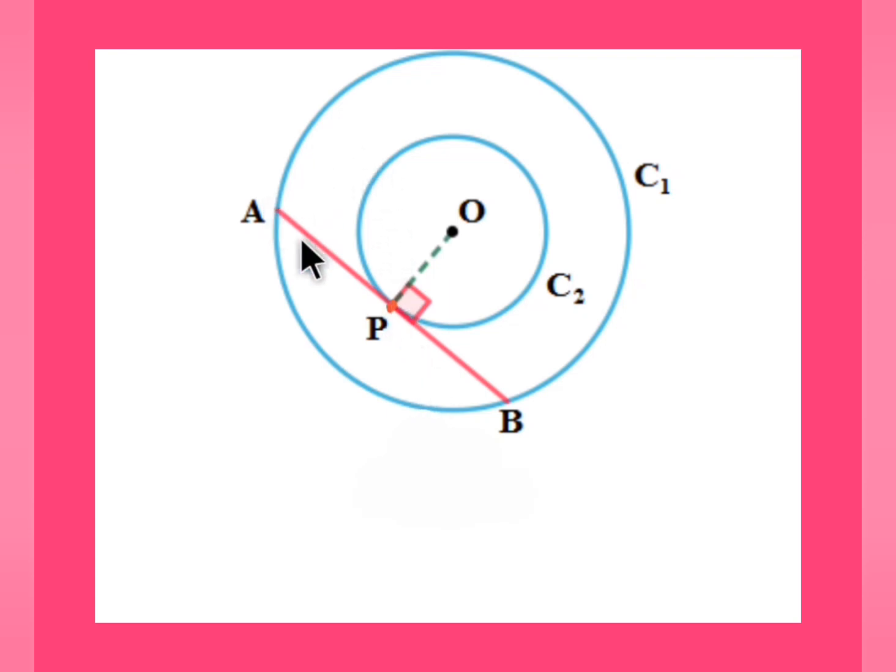It means AB is the chord for the larger circle C1, which touches the smaller circle at one point, and which bisects the line. AP will be equal to PB. These application level questions will also be asked, and if you draw a radius from the center of the circle to this tangent, it is perpendicular, which we already saw.